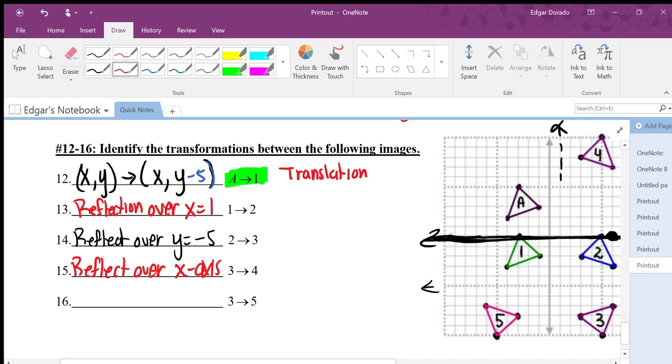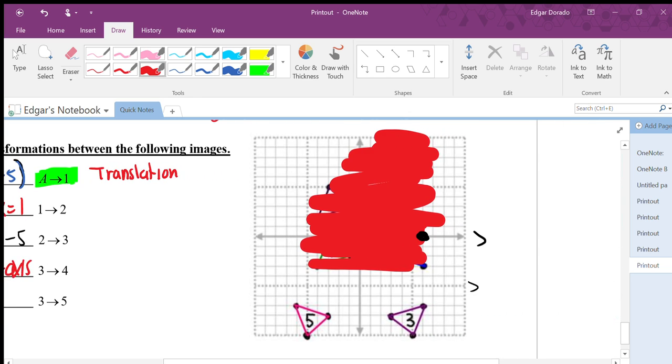And then finally, last one, let's go ahead and take a look at 3 and 5. So we get rid of any of these. So 3 and 5, once again, we can count the amount from one point to the other.